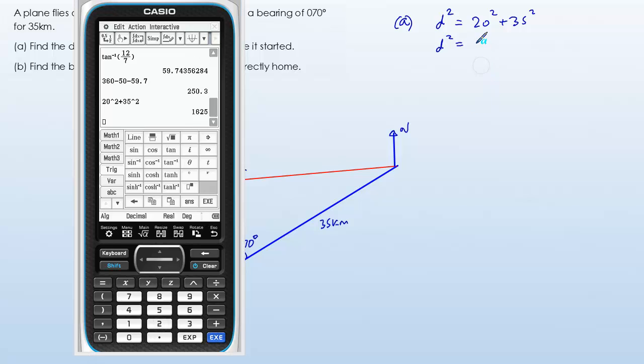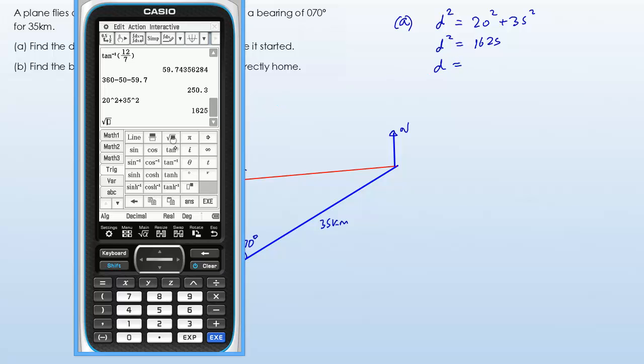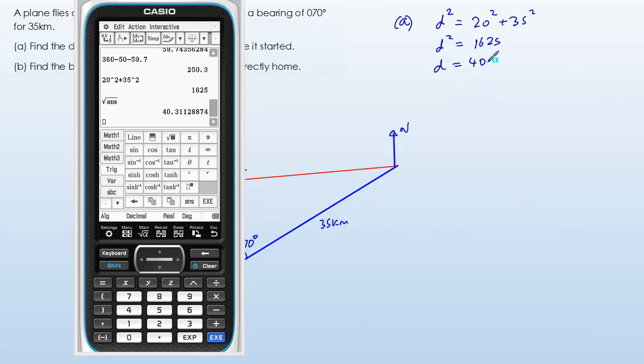That gives me 1625. And so we want the square root of the last answer. And that's 40.31 kilometers.